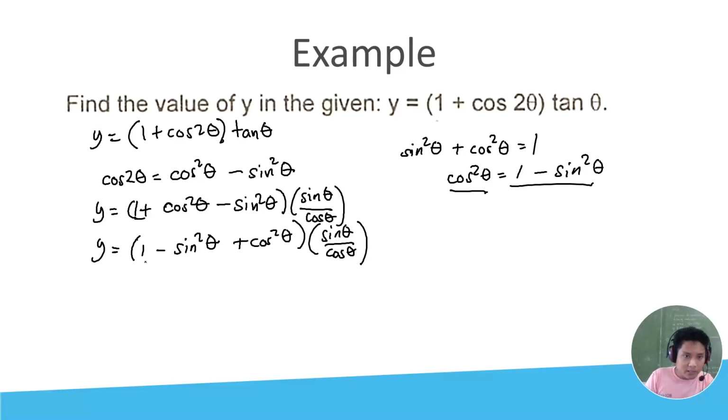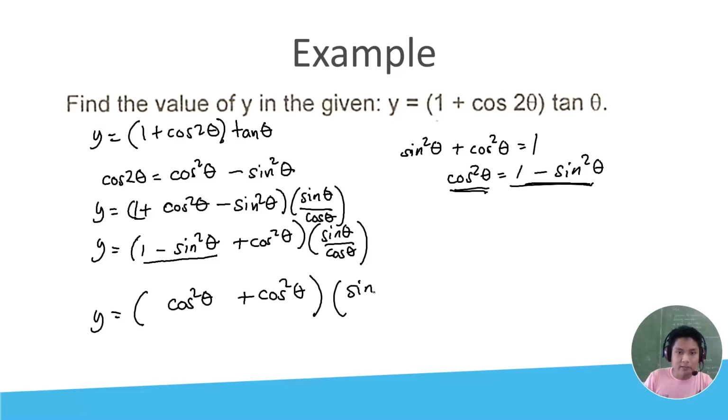This term here, 1 minus sine squared theta, is equivalent to cosine squared theta. Therefore, it is cosine squared theta plus cosine squared theta times sine theta over cosine theta. So, we simplified 1 minus sine squared theta into cosine squared theta.